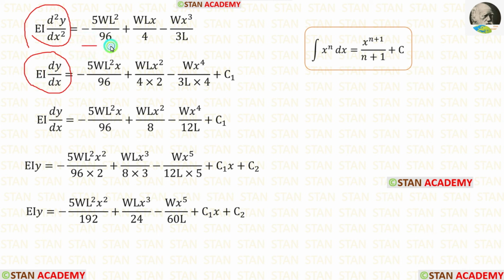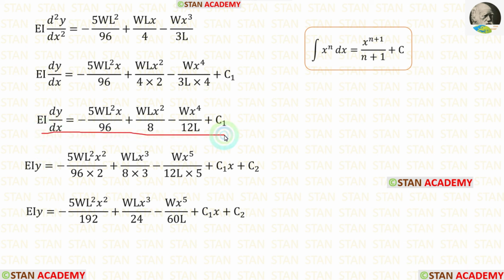For integrating the right side, we can use the formula. After integrating, we will get this. 4 into 2, we will get 8. 3 into 4, we will get 12. C1 is the constant. This is the equation for the slope.